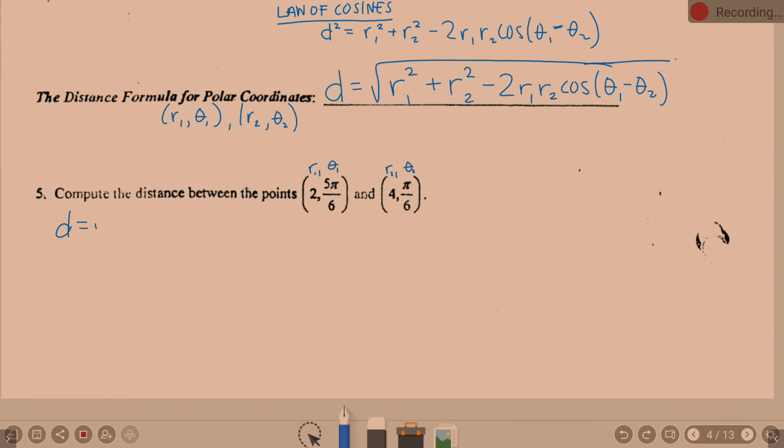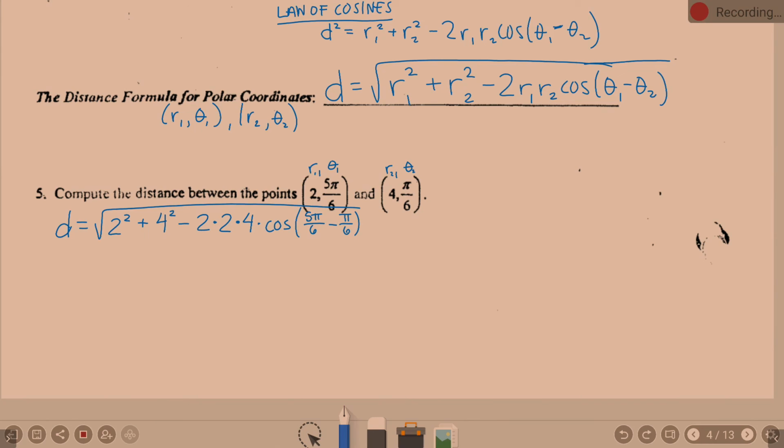D equals square root of r1 squared, 2 squared, plus r2 squared, 4 squared, minus 2 times r1, which is 2, times r2, which is 4, times cosine of theta 1 minus theta 2, so 5 pi over 6 minus pi over 6.